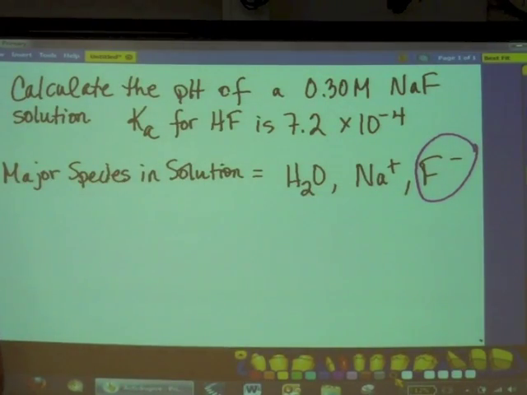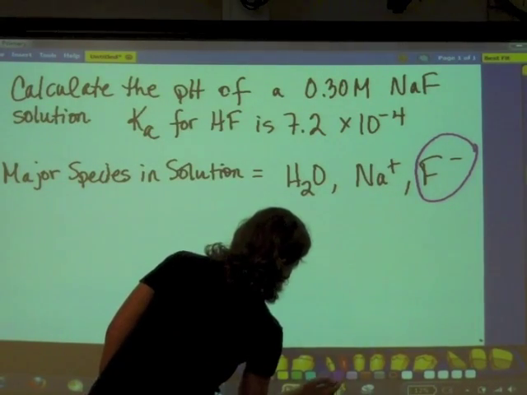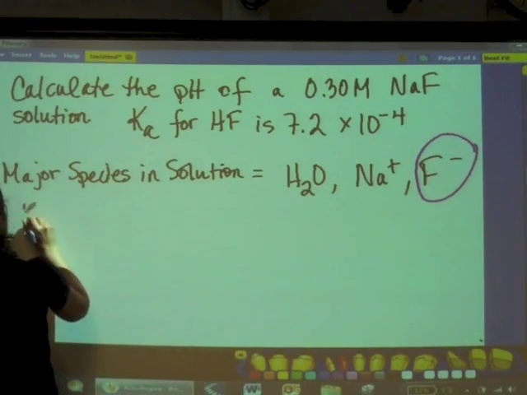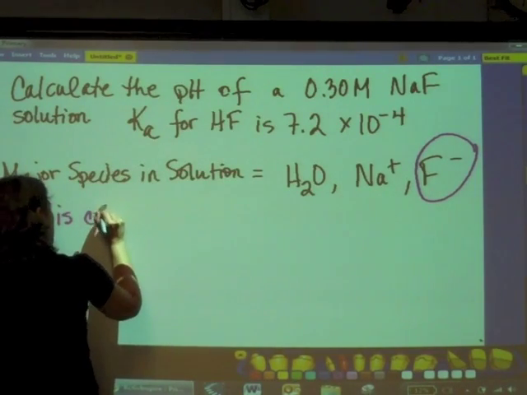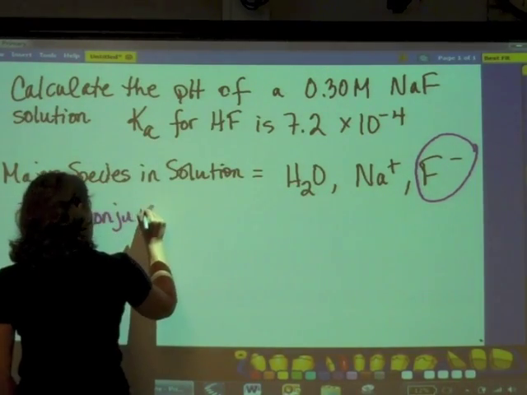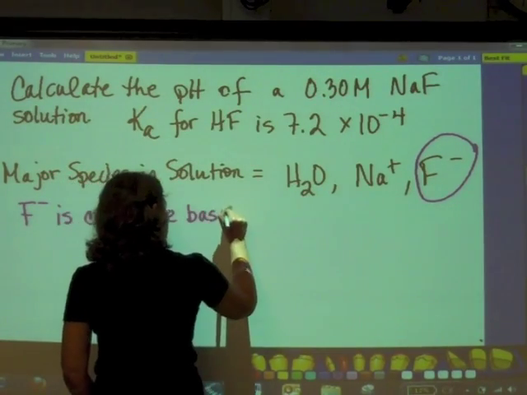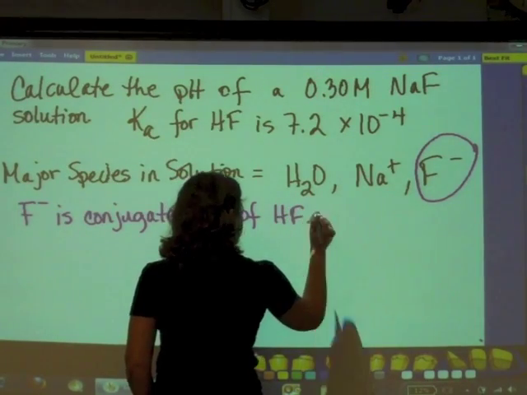So the next thing we need to do is figure out what the fluoride is going to do. Well, let's just write down here that the fluoride is the conjugate base of HF.